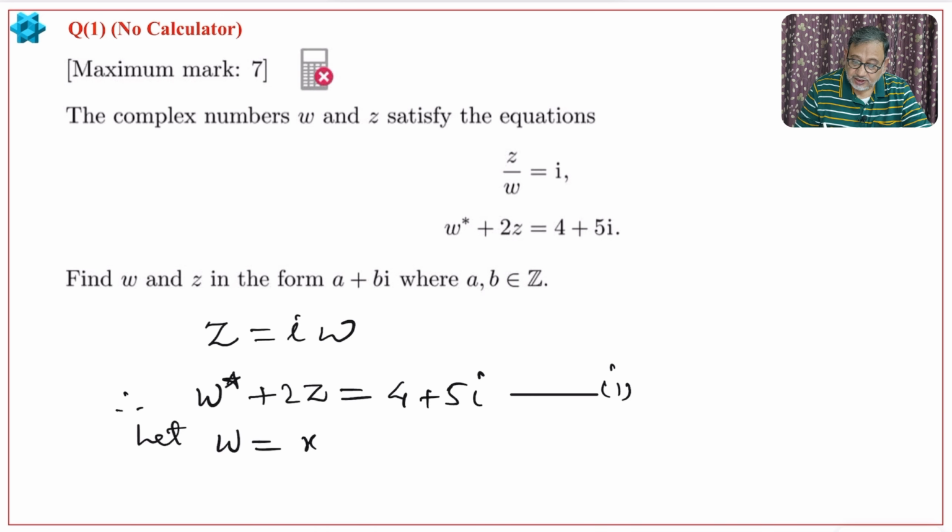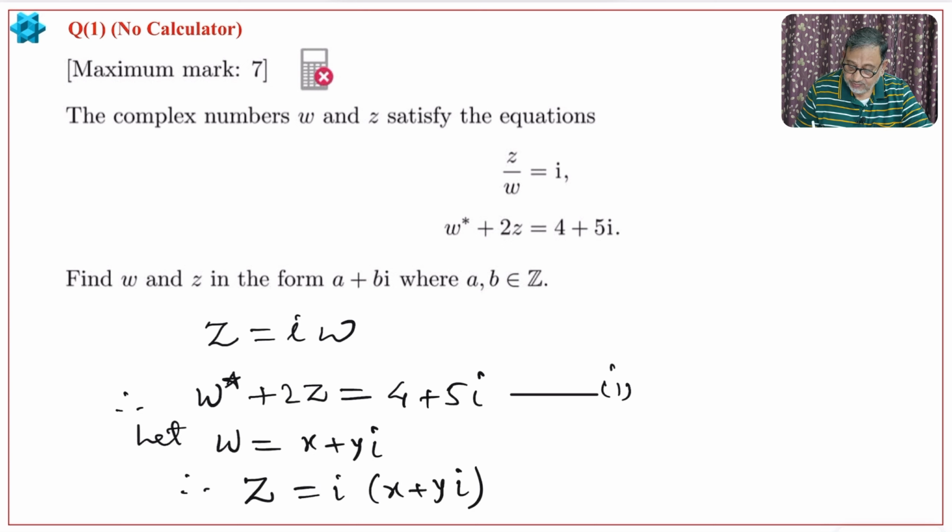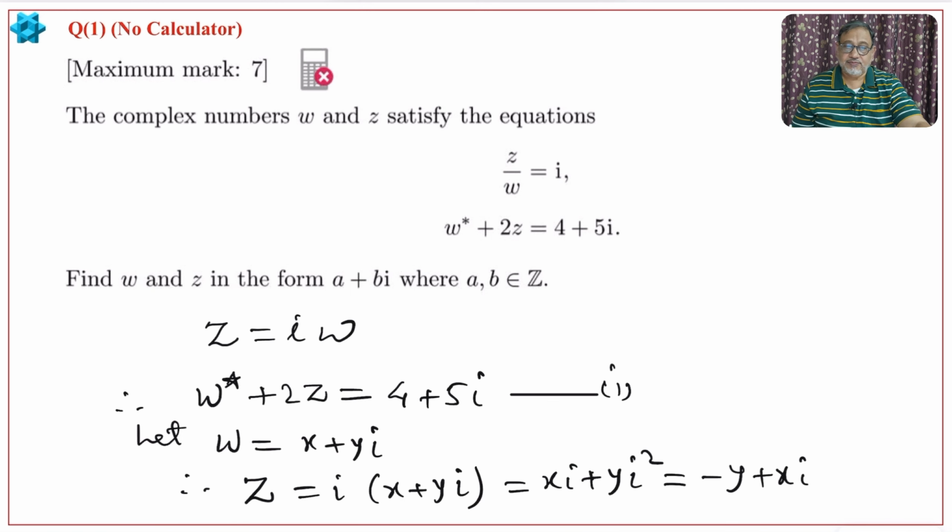Now let w is equal to x plus yi, right? So therefore z will become i into x plus yi, which will be xi plus yi square, and i square is negative 1, so minus y plus xi. This will be the value of z. Okay.